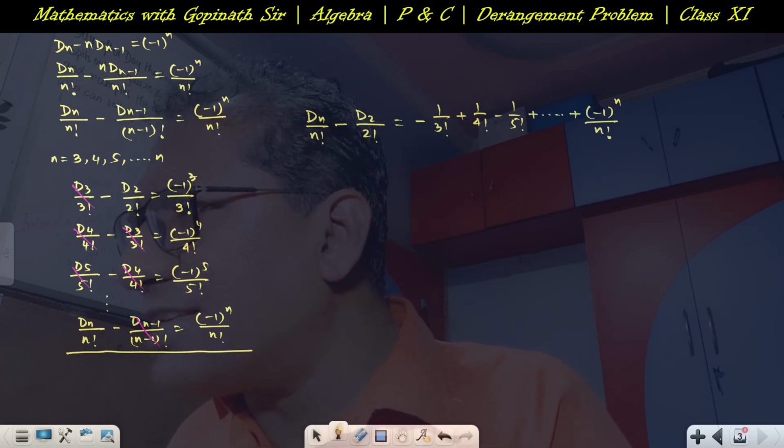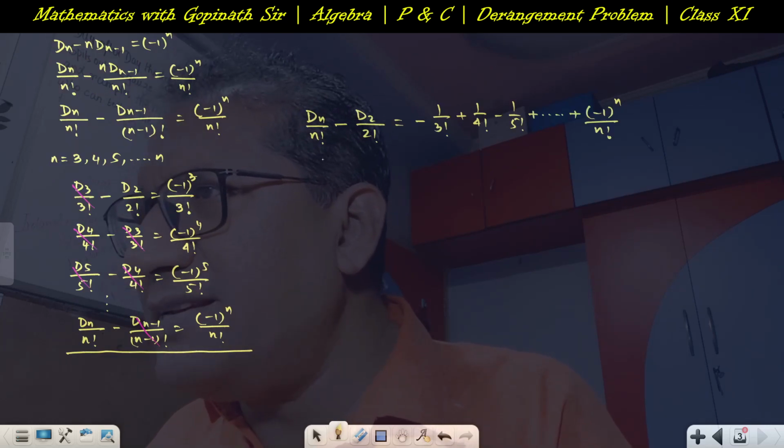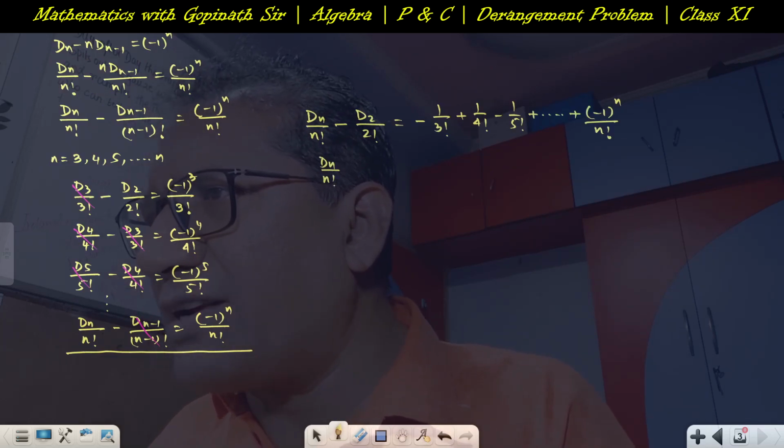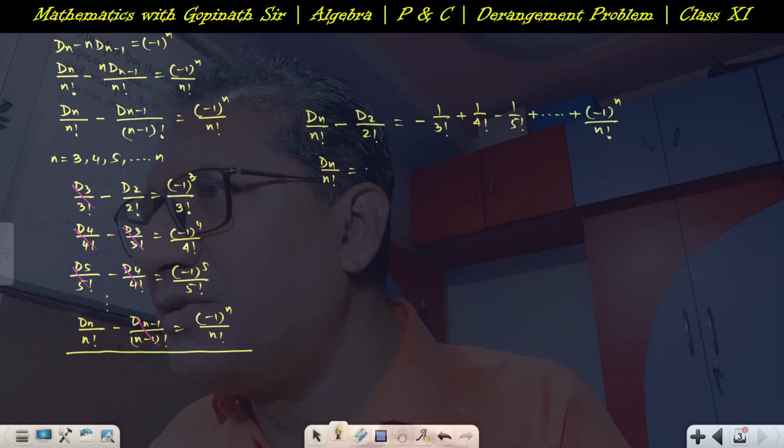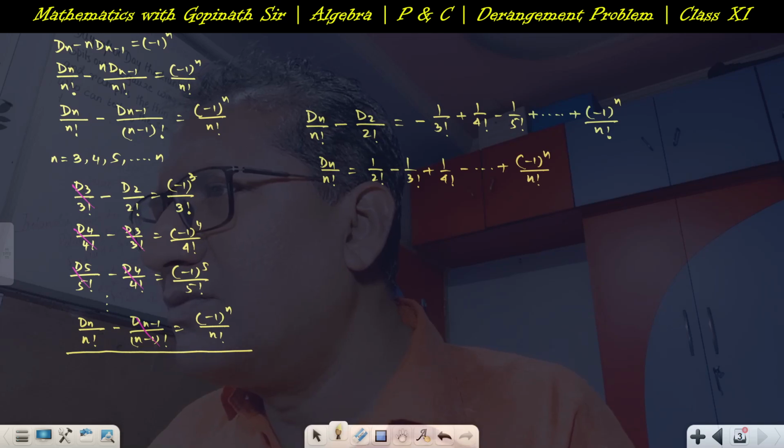And d2, as we all know, is 1. So we will write dn over factorial n is 1 over factorial 2 minus 1 over factorial 3, and this thing goes on till the last term. Right? So what is your dn?